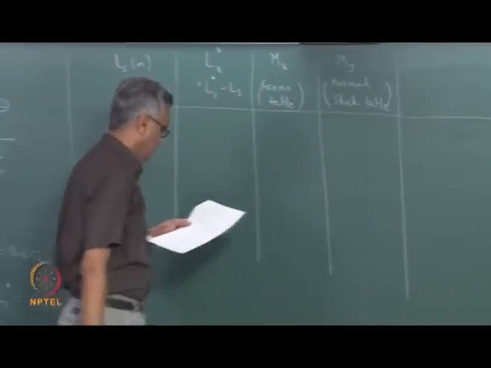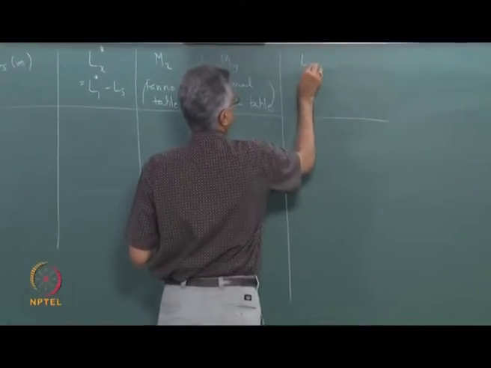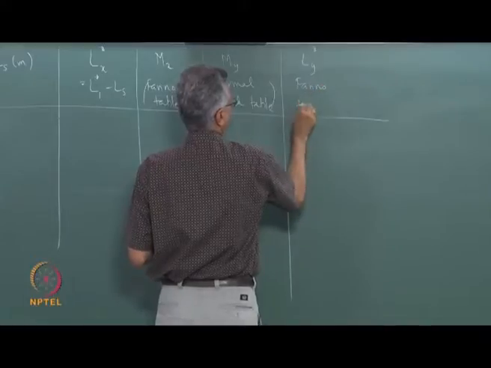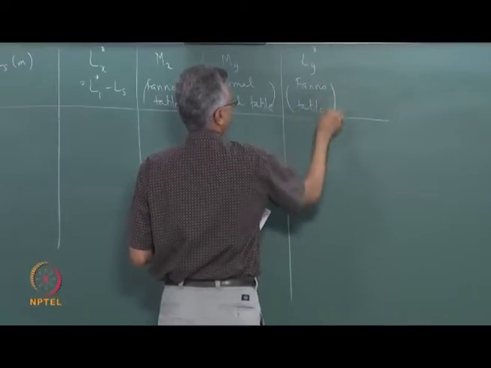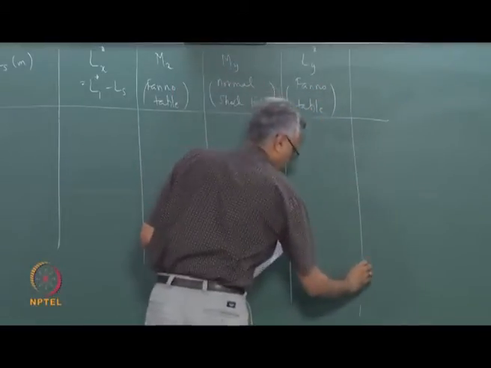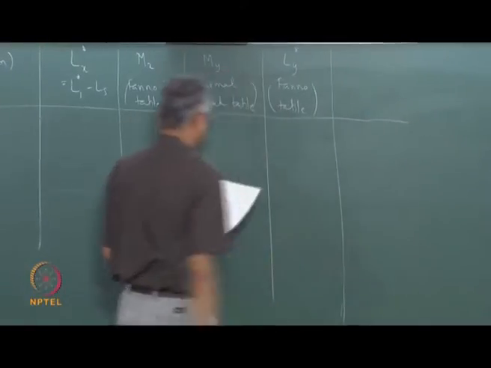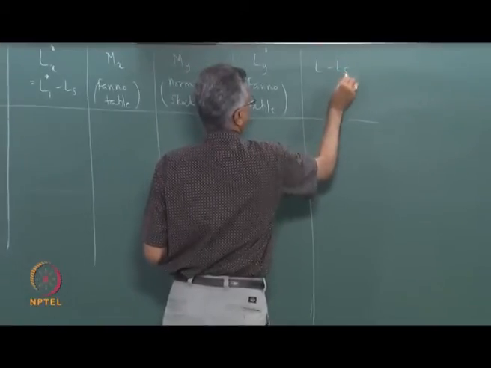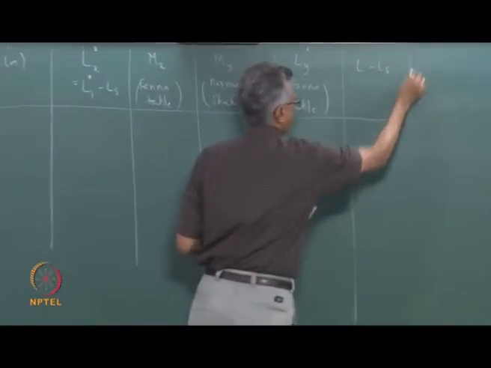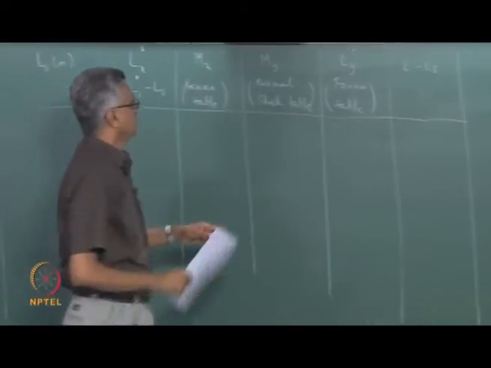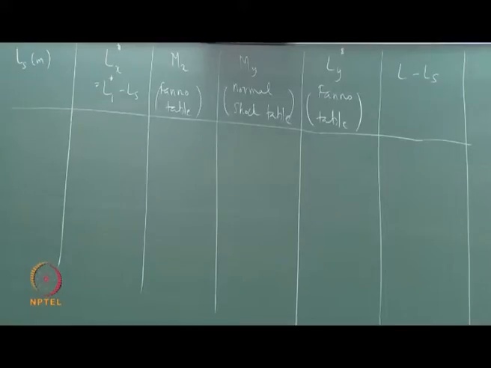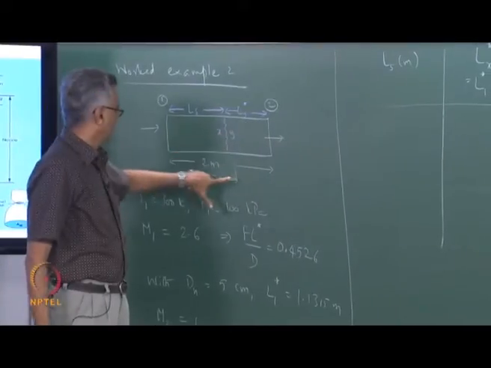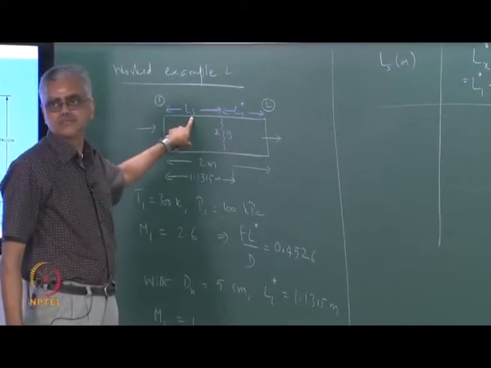Once I get My, I can get Ly star from the Fanno table, and then I compare Ly star with L minus Ls. Notice that Ly star should be equal to the total length L minus Ls.